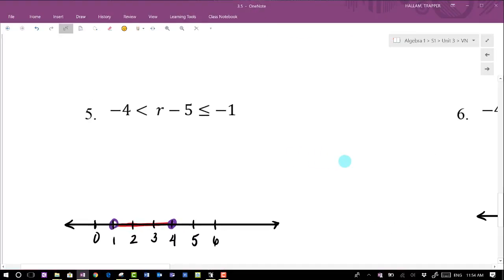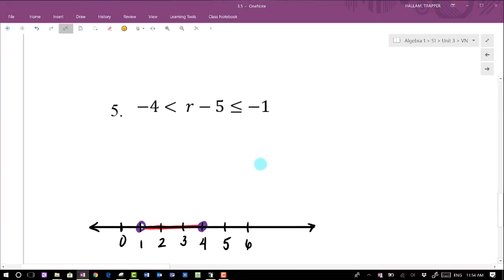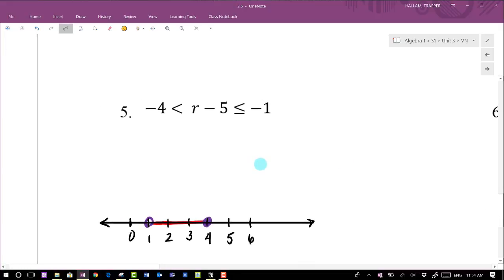Okay, on our next example, let's do one more quick one so we can support solving with compound inequality. We're just going to solve it as a conjoined compound inequality. Looking to solve for r here, I'm going to add 5 to both sides. That turns to 0, leaving just an r between my less than signs. Negative 5 and 4 makes 1, and negative 1 and 5 makes 4.